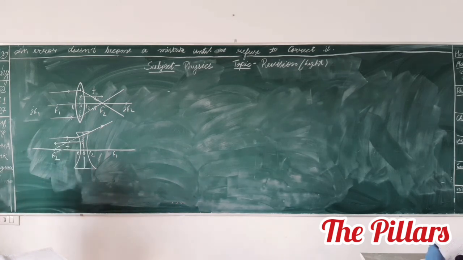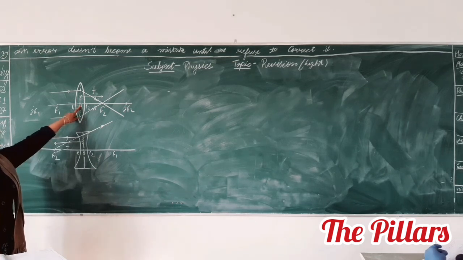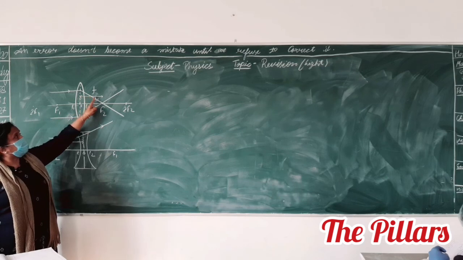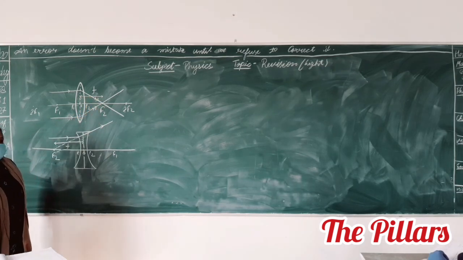From where do you measure the distance, Meera? Which one is the optical center? And next, what did I say? From left to right, it will be positive. In this direction you are going from left to right or right to left? Left to right.